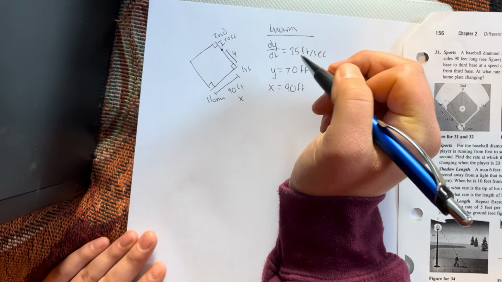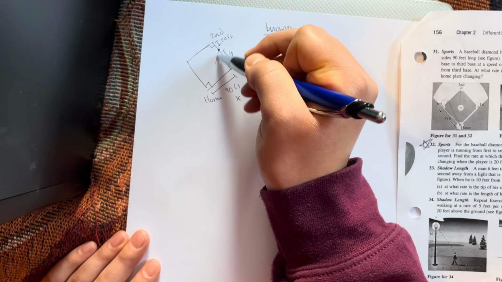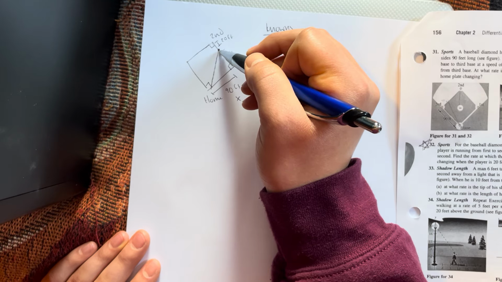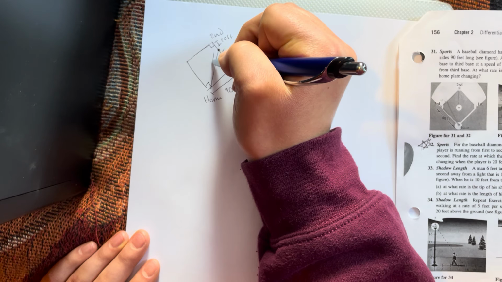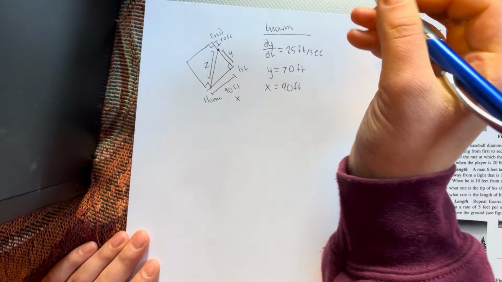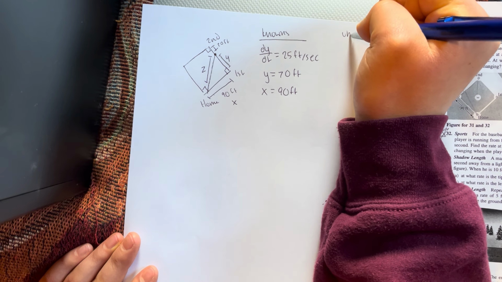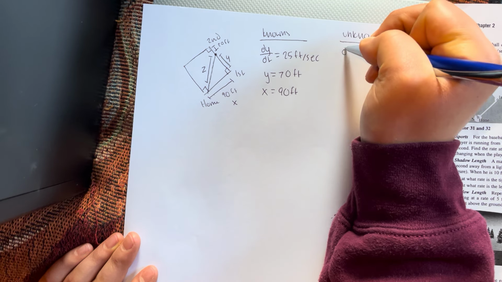So then what we're trying to find is how the distance from him to home plate is changing. So we're going to use that point. From here to here is our y, and from here to here is our x. And then this is going to be our, let's call it a z value. So what we're trying to find, our unknown, is our dz/dt.